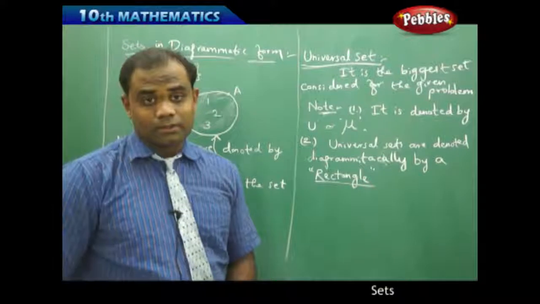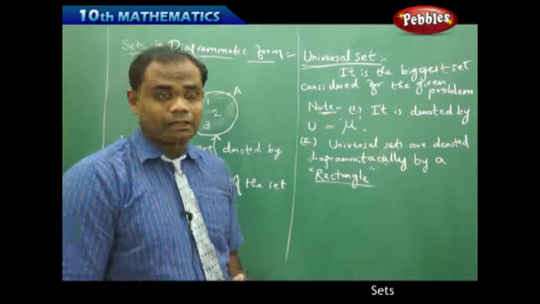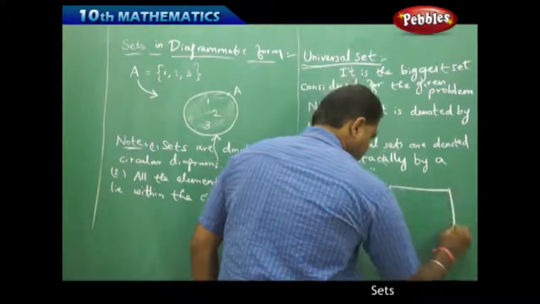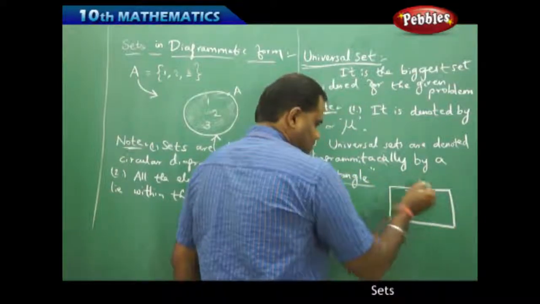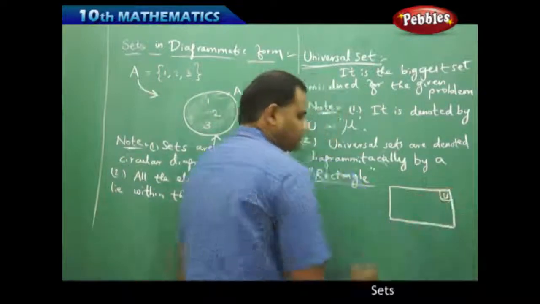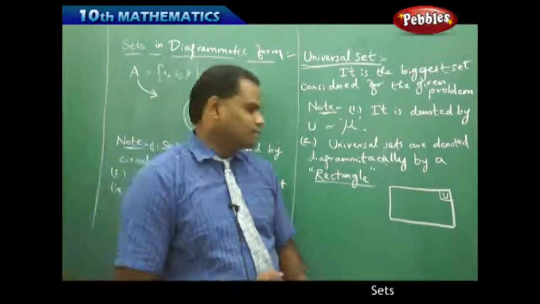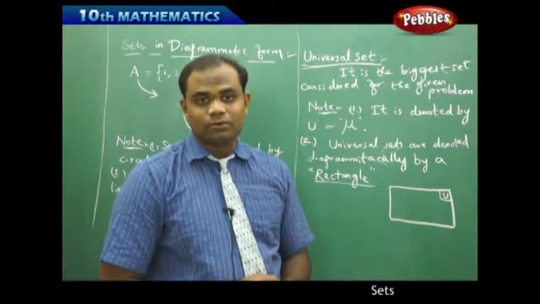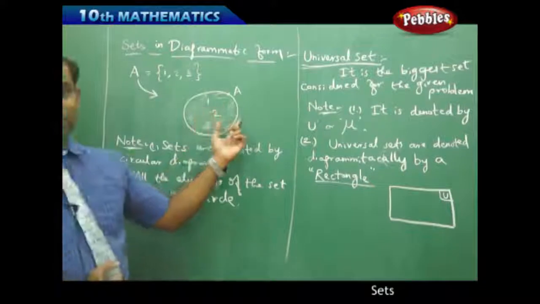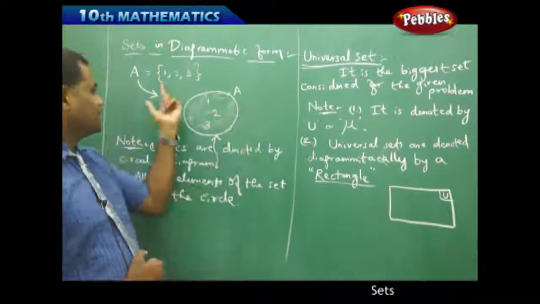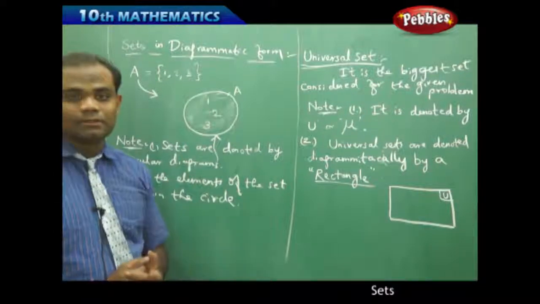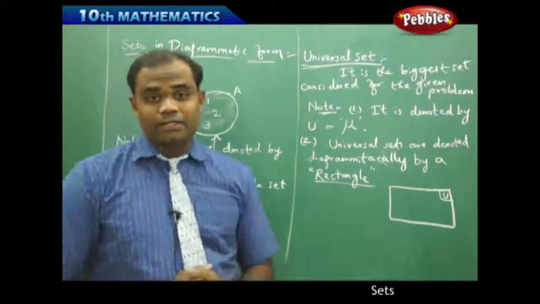We generally denote the universal set with a rectangle. So if I draw a rectangle, then I assume that this is the universal set, where I denote somewhere here U or mu. This indicates that this is a universal set. This indicates that this is a circle, therefore a set with 3 elements 1, 2, 3 taken as an example inside the circle. So here's how I understand it diagrammatically.